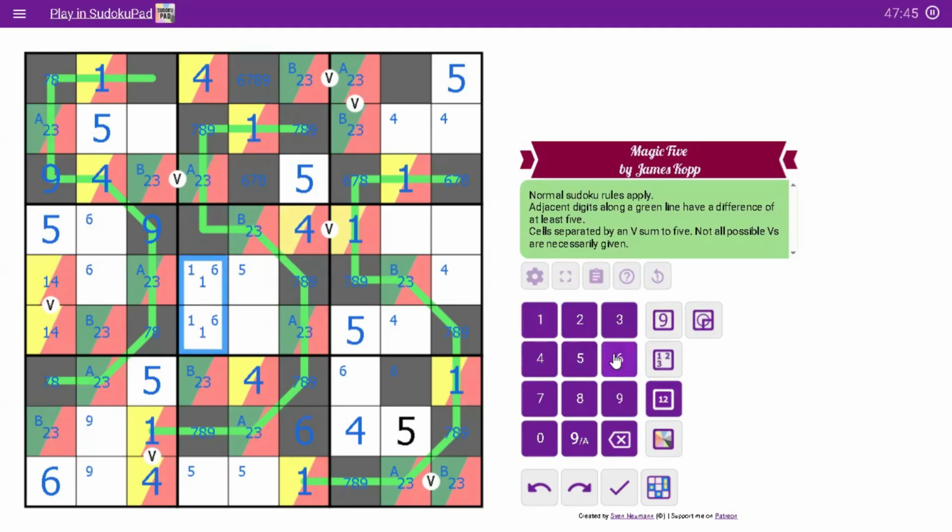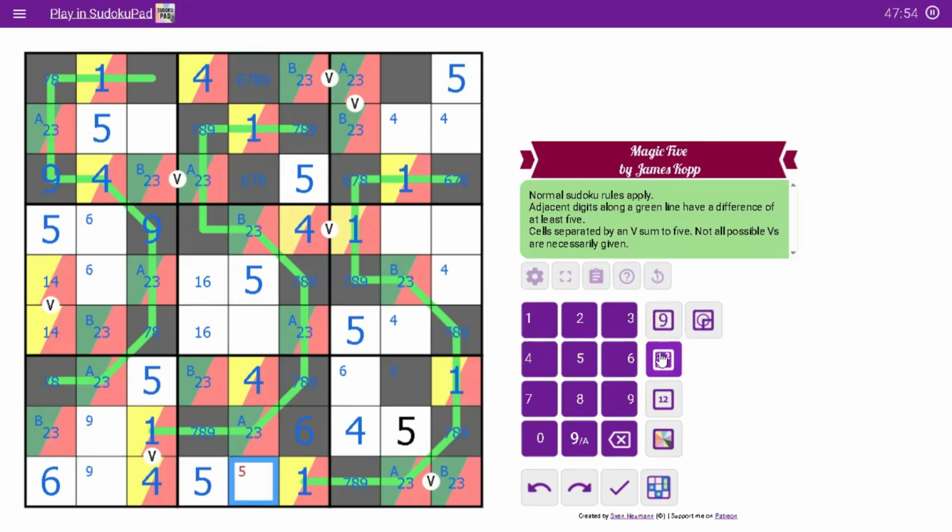So this is a 1-6 pair, which means the middle cell is a 5, which puts a 5 there. Okay. Feels like making progress.